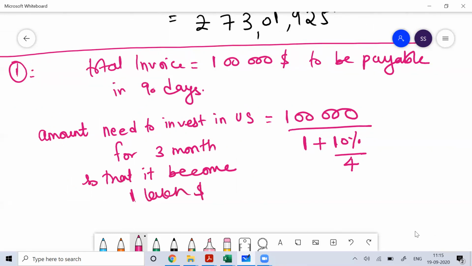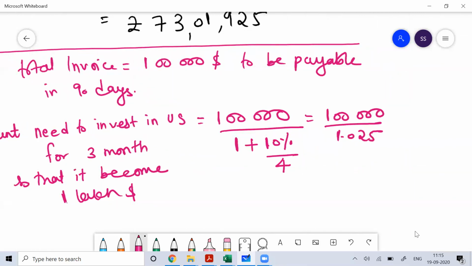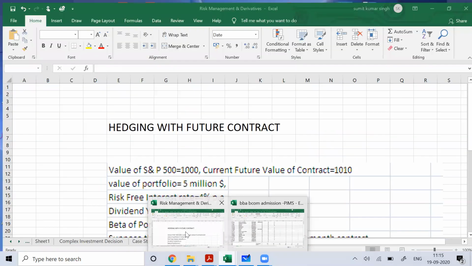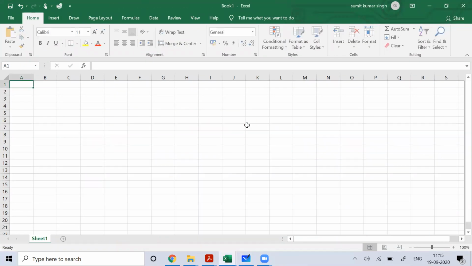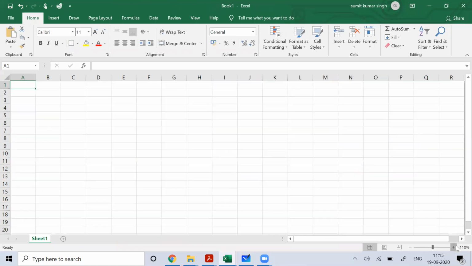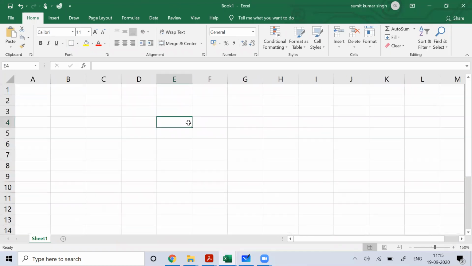That amount is 1 lakh divided by 1.025. So this comes to around how much? 1 lakh divided by 1.025 is 97561.